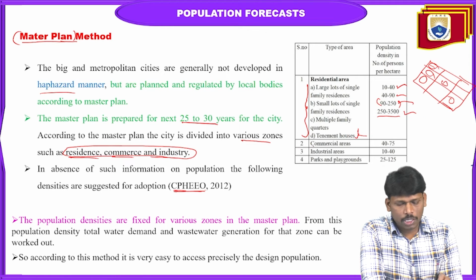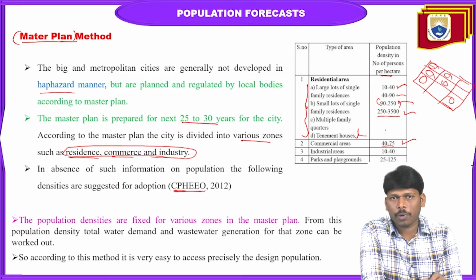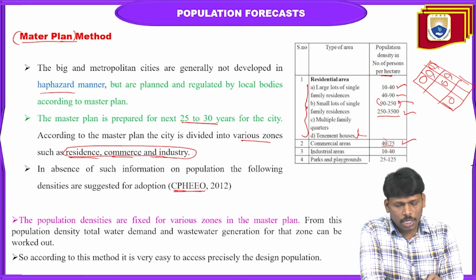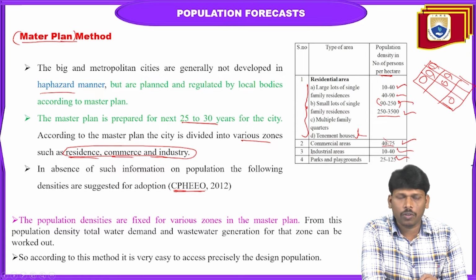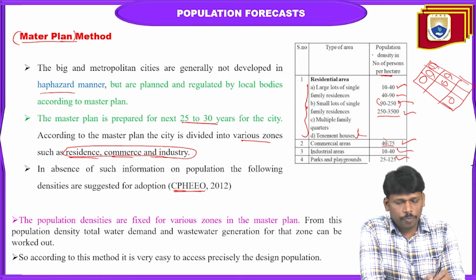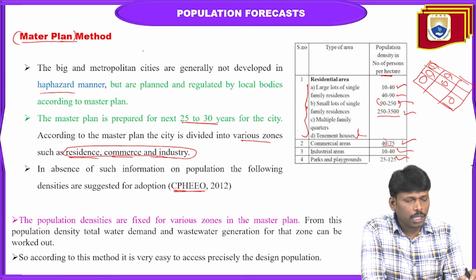If you are allotting some area as commercial, then we need to accommodate the population density, number of persons per hectare, of 40 to 75. We need to plan according to this. For industry it is 10 to 40, and if it is parks and playgrounds, it is 25 to 125.